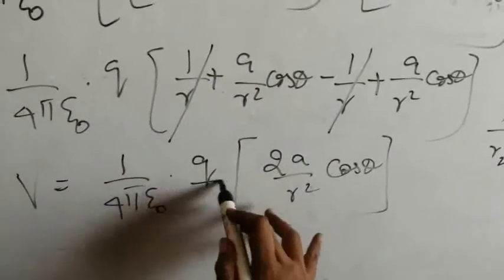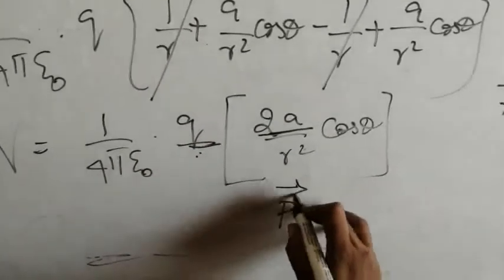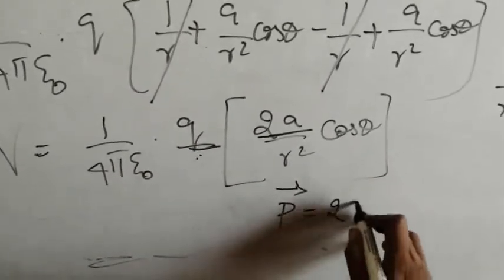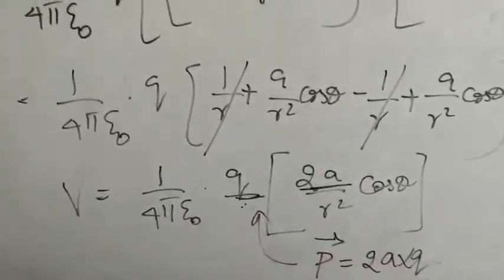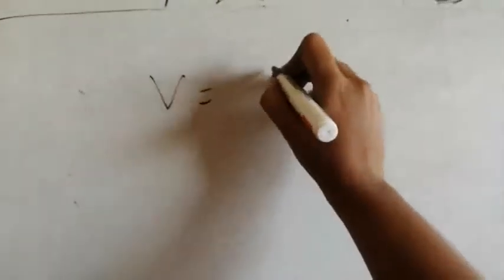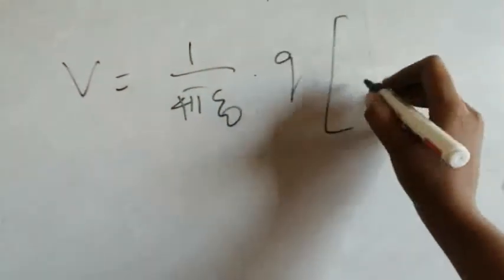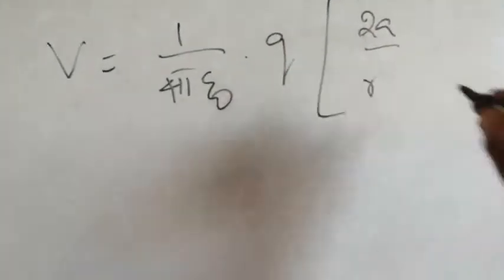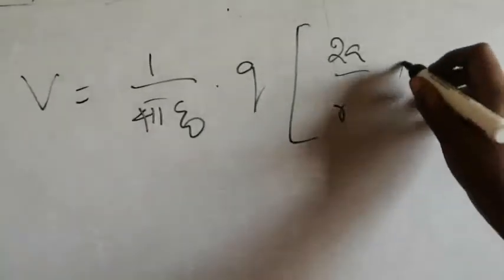As you can see here, it is 2a into Q. You can write it as electric dipole moment P, which is P equal to 2a into Q. So replace this term by P here.